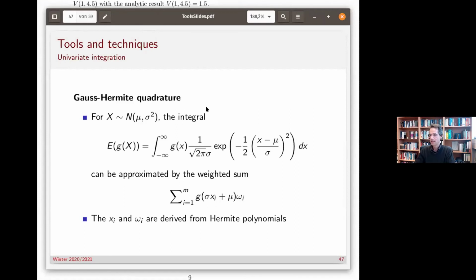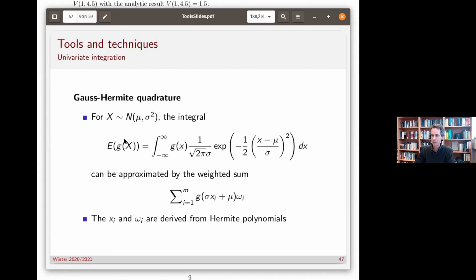Okay. So this is what Gauss-Hermite Quadrature does. Suppose you have a random variable x, which has a normal distribution, any kind of normal distribution, and you are interested in the expectation of a function of this normal random variable. Then any expectation is just an integral running from minus to plus infinity. So in this case, the integral runs over the function and the density function of the normal random variable.